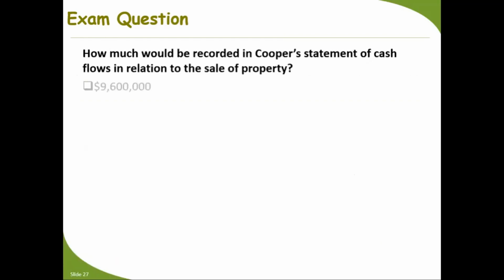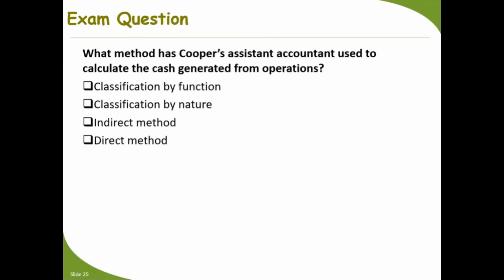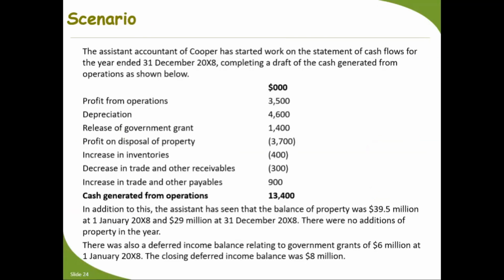Then how much would be recorded in Cooper's statement of cash flow in relation to sale of property? Again, we will use that proforma. For that purpose, we will go to our data.